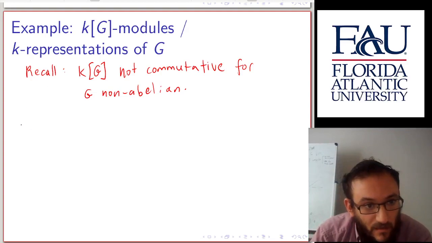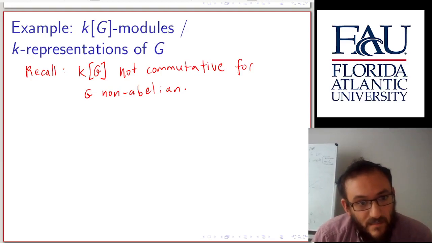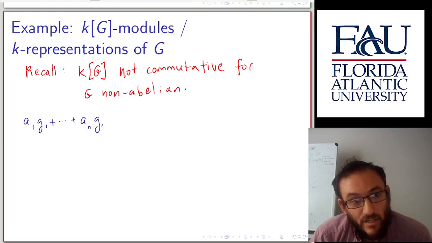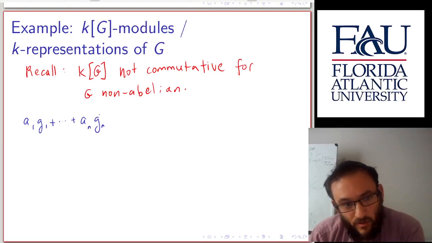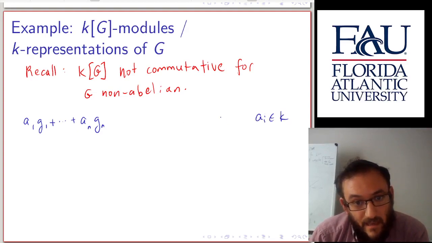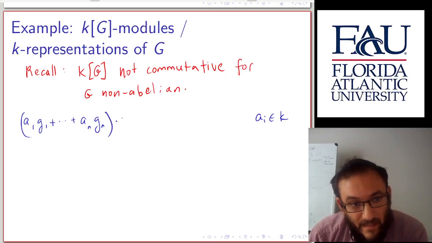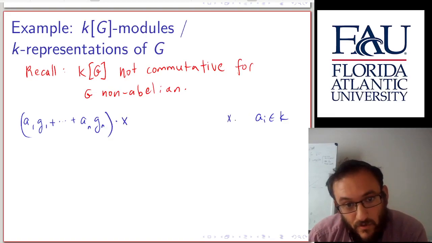So if you take an element in the group ring, it looks something like a1g1 plus up to a(n)gn. This is just a formal sum of elements of the group with coefficients in k. So ai is in k again. And this is going to be acting on x in our module.